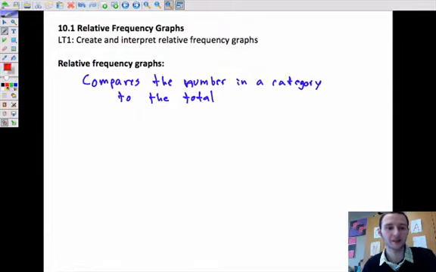And a lot of times, that will be written as a percent. Okay, so if you're comparing the number of a certain category to the total, you can write that as a percent, and a lot of times it'll be shown in a relative frequency graph as a percent. Okay, so you'll see that with this first example.